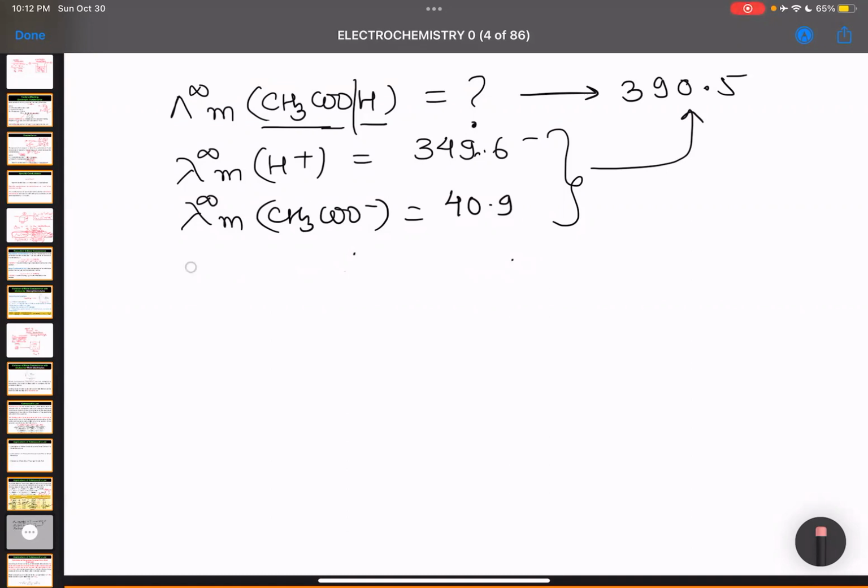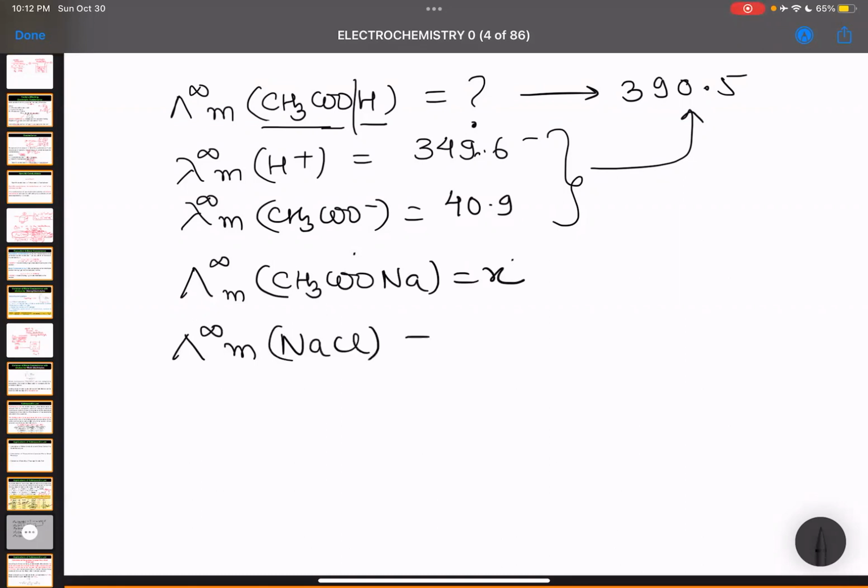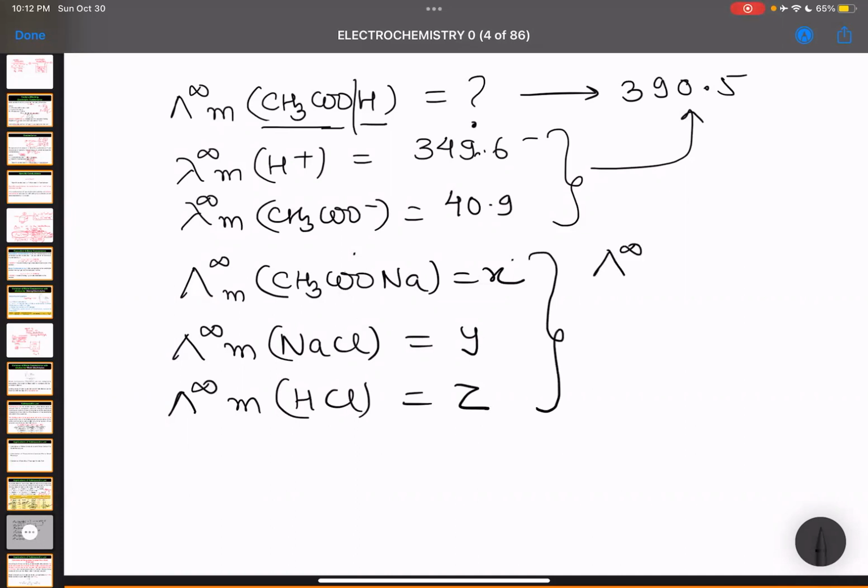But sometimes in the question they give you values for compounds, complete compounds. They will give the values for X, Y, Z, or sometimes they give just letters also. So now they are going to ask you what's the molar conductance of acetic acid.